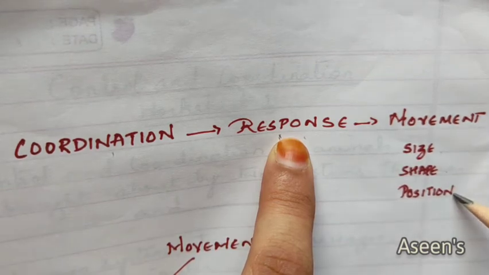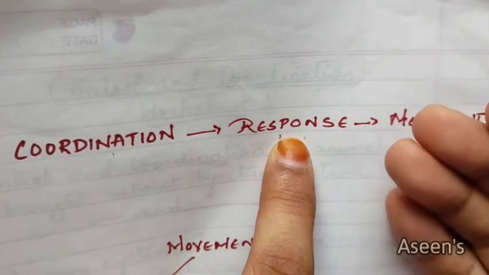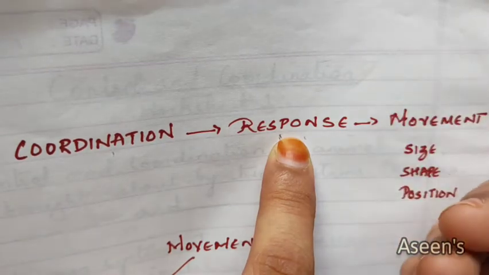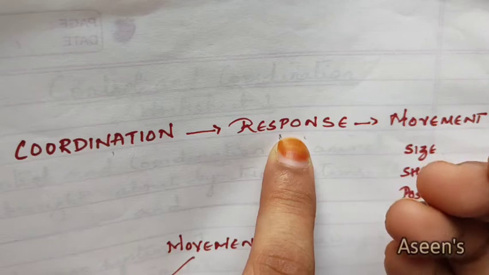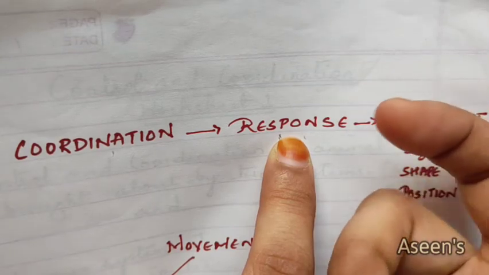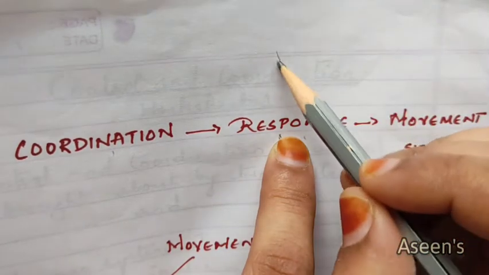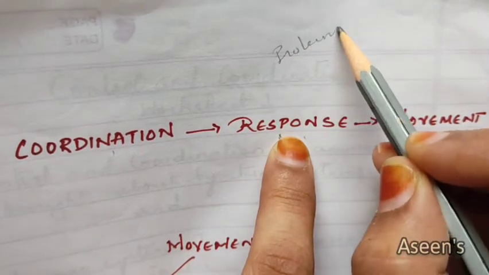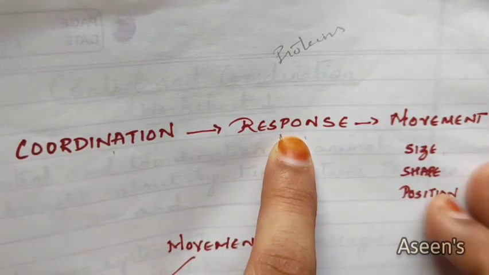Now if you remember, while discussing the nervous system, we discussed that whatever message is received by our muscles is shown by the change in the shape of the muscle cells, which is brought about with the help of proteins, right? In case of muscles it was proteins, but in case of plants it's going to be the quantity of water.